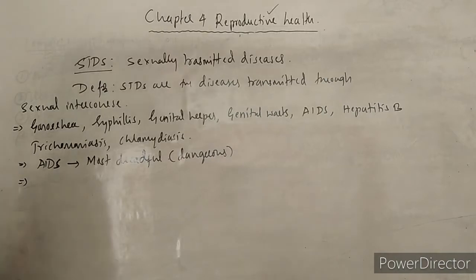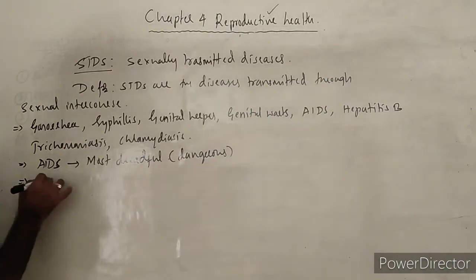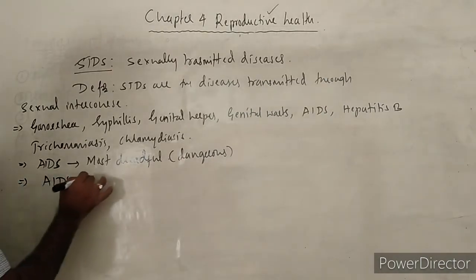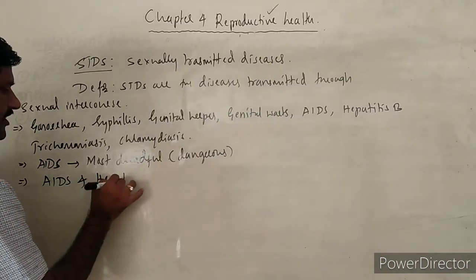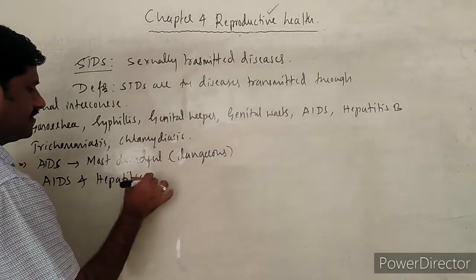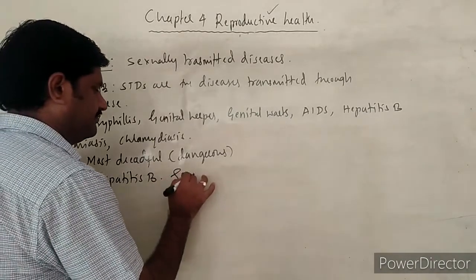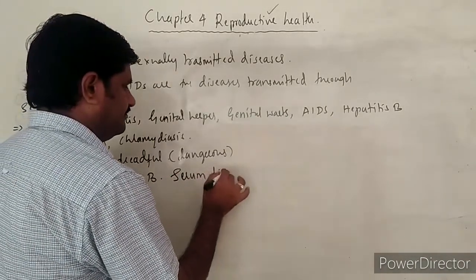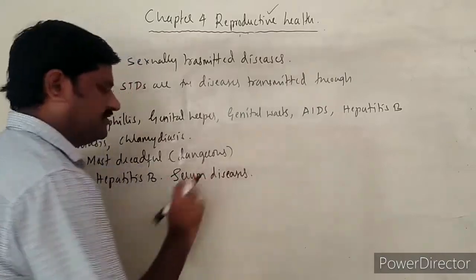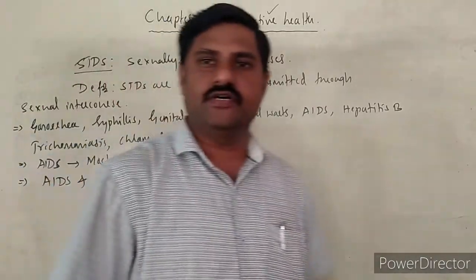Next, see here, AIDS as well as hepatitis B are said to be serum diseases. Serum diseases means related with the blood, right?